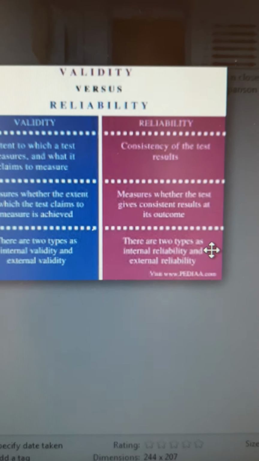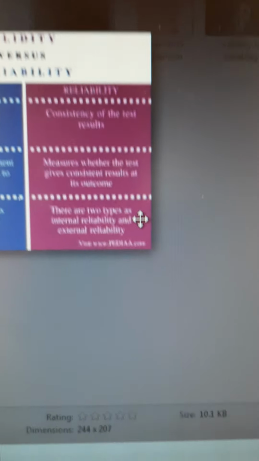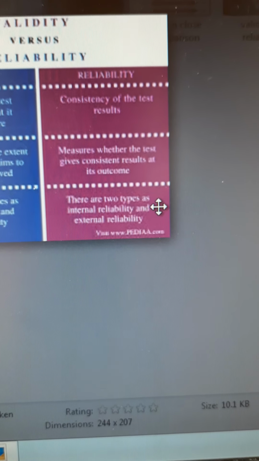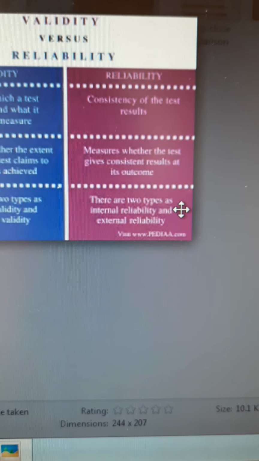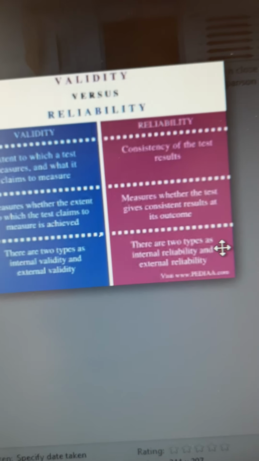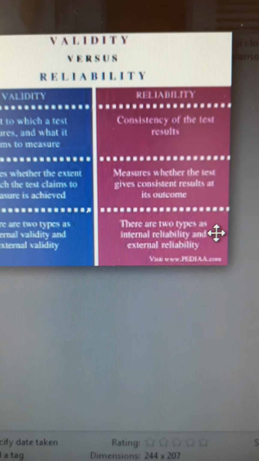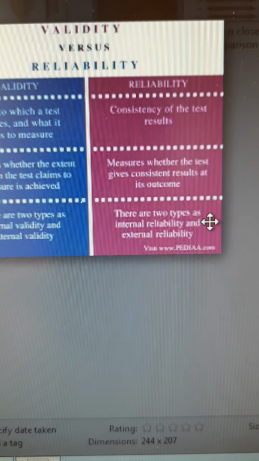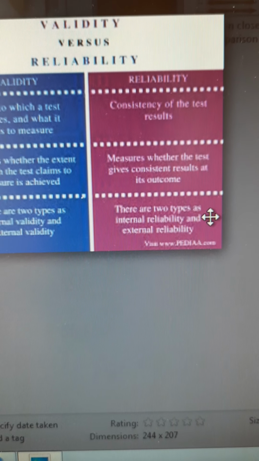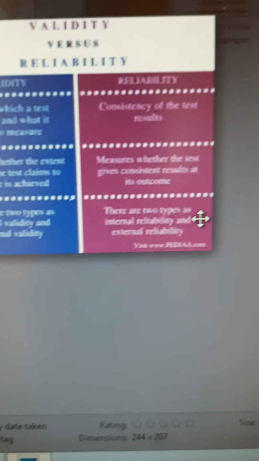Now let us look at reliability. Reliability is the consistency of the test results. What is consistency? Supposing I am distributing this questionnaire in Bangalore, in Bombay, in Boston, whether I am getting consistent results or not.